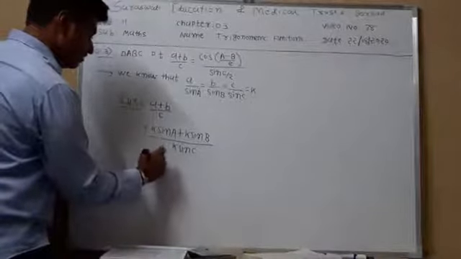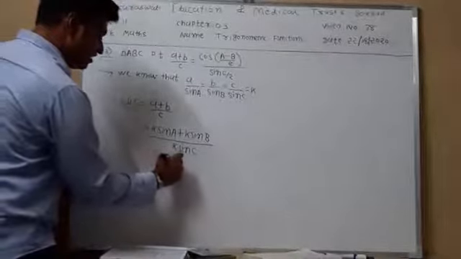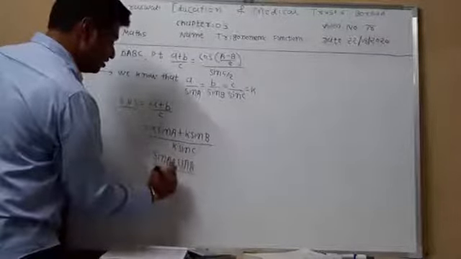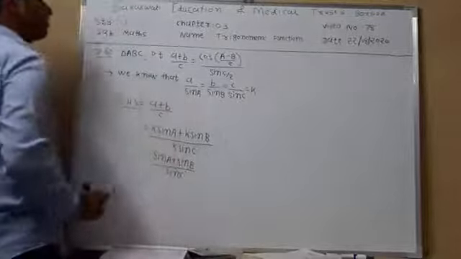So the remaining term is sin A plus sin B upon sin C.